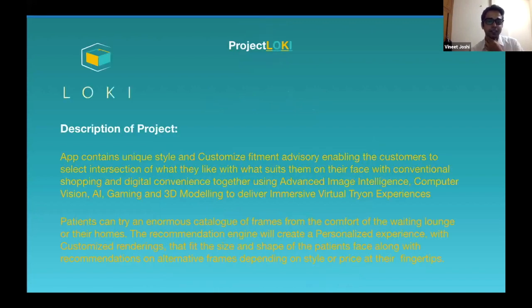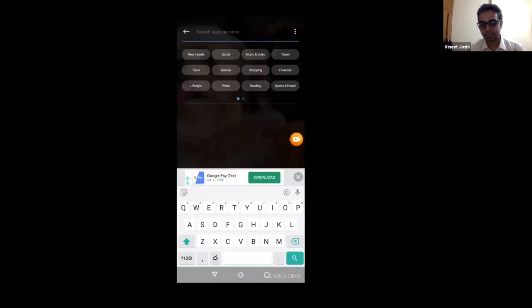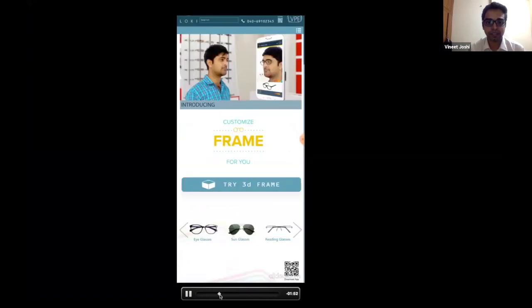So basically, Santosh and Shankar developed a customized fitment advisory, and using the augmented reality platform, they could actually generate an entire library of different models of frames based on the IPD and the size of the user, and it makes shopping spectacles extremely easy.